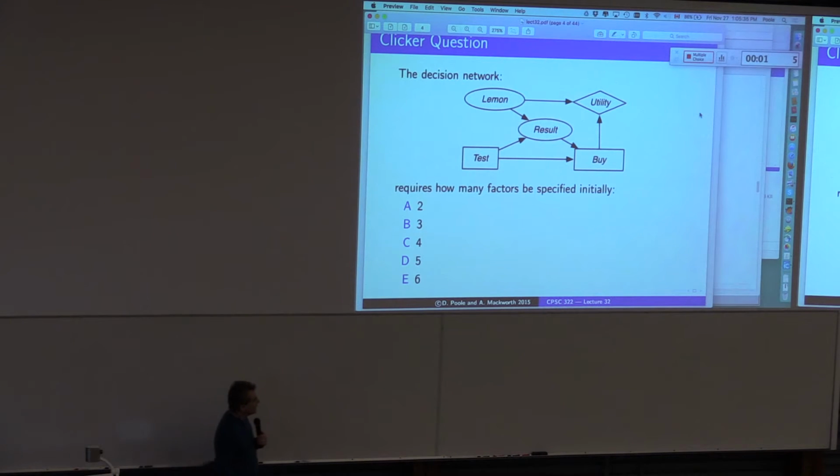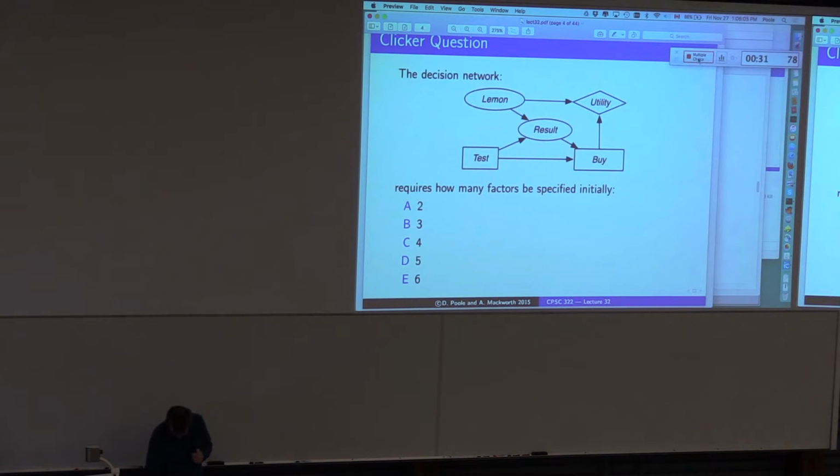Next question. The decision network requires how many factors to be specified initially? Okay, how are we going? Does anyone need more time?